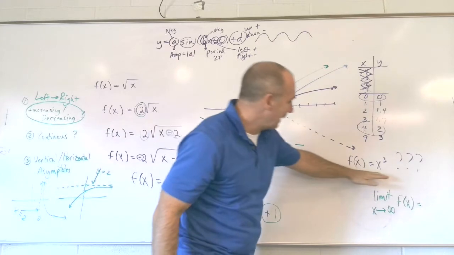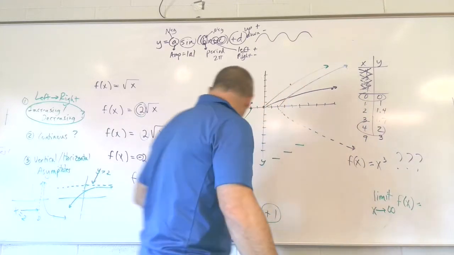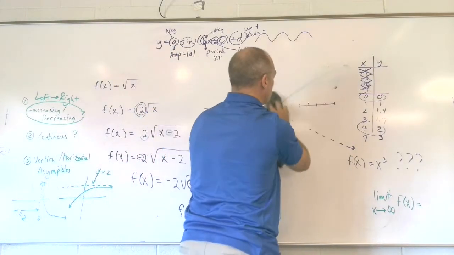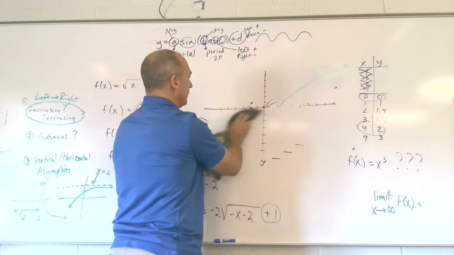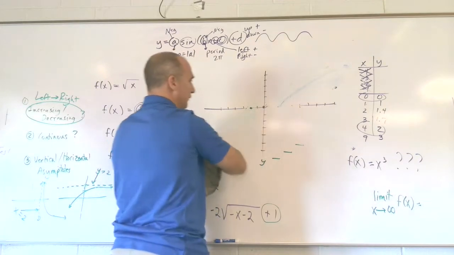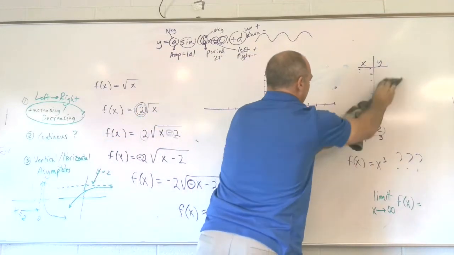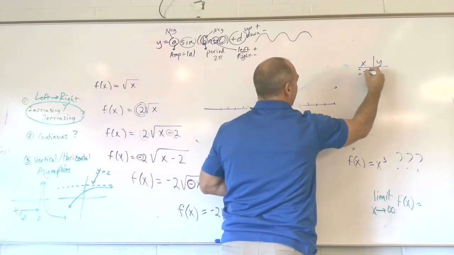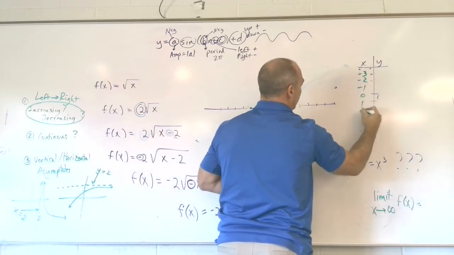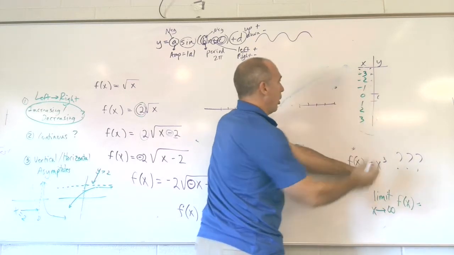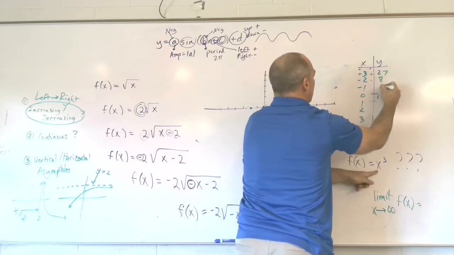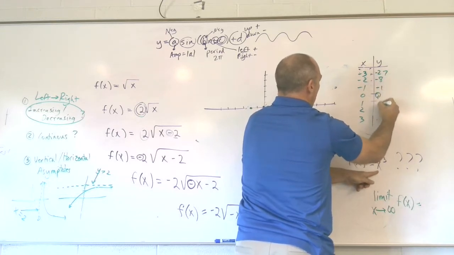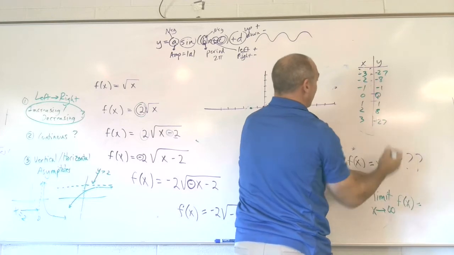Now, what I'd like to do is look at f of x equals x cubed. So I'm going to erase this right here. It'll be a little messy, but oh well. Part of life. And now I'm going to throw some numbers in here: -3, -2, -1, 0, 1, 2, 3. And I'm just going to cube them all. So that'd be 27, 8, that'd be negative though: -27, -8, -1, 0, 1, 8, 27.